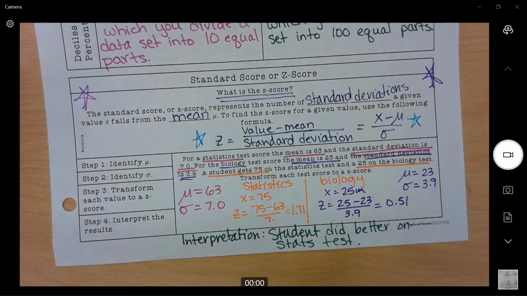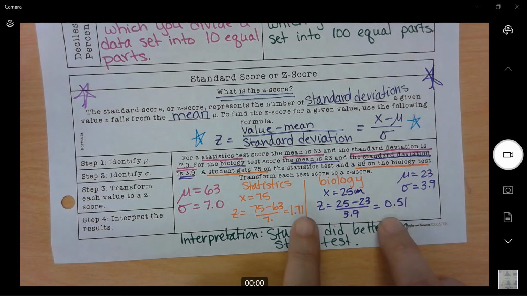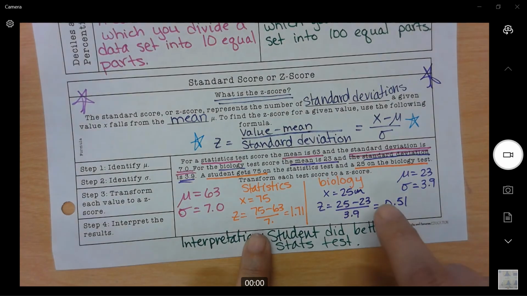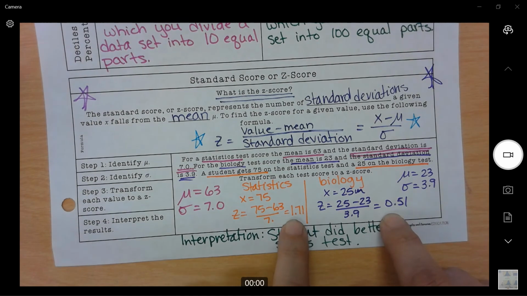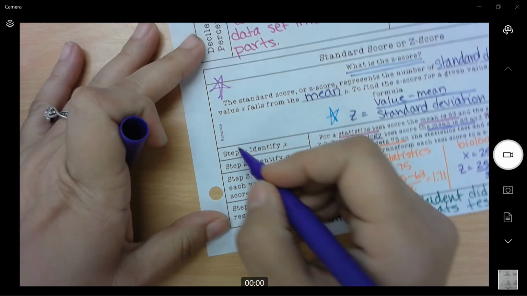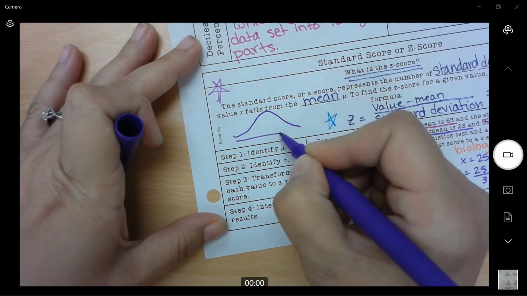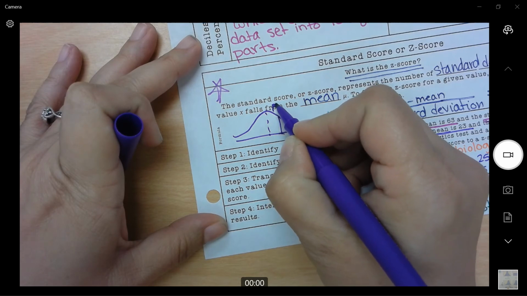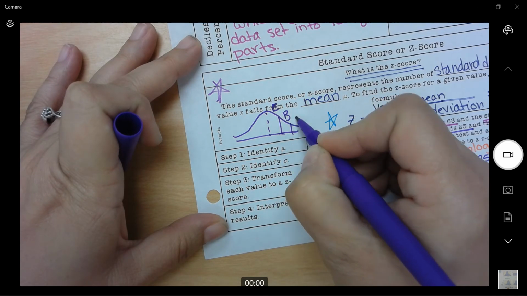So which test did they technically do better on? The two tests were not scored in the same way, but now that they're both Z-scores, we can say they definitely did better on their statistics test than they did on their biology test. They were in the B range, because remember that graph? Remember that graph where I said this is my C's, this is my B's, and this is my A's.